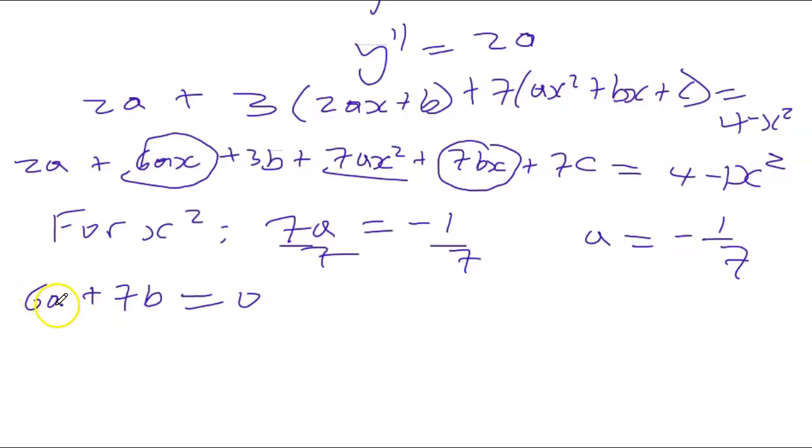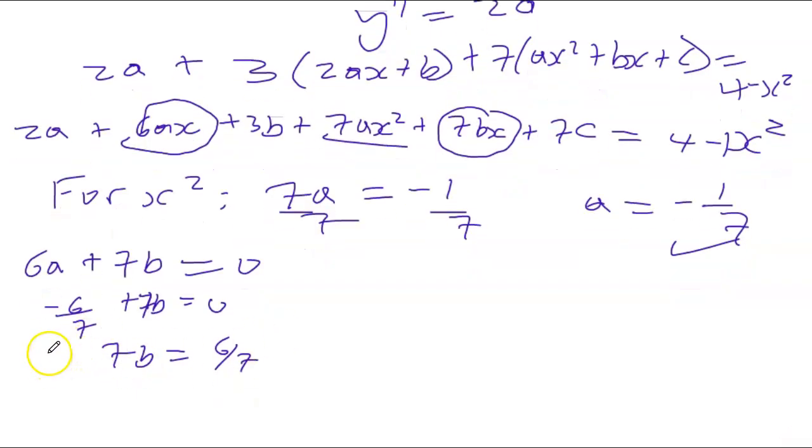So 6 times a is 6 times negative 1 over 7, which is negative 6 over 7, plus 7b equals 0, which means that 7b equals positive 6 over 7. To solve for b, we can multiply both sides by 1 over 7. So b is equal to 6 over 49.